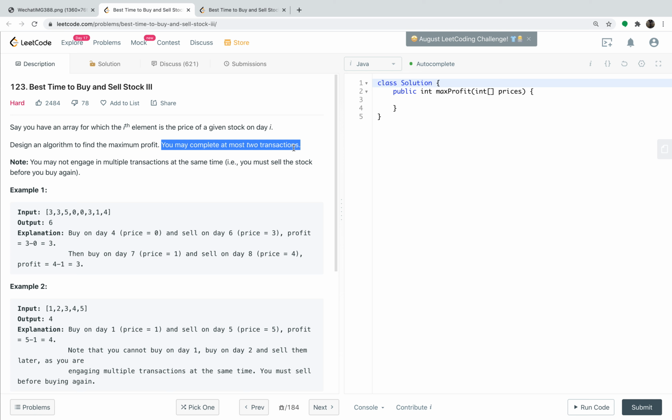So let's first see the example. In the example, 3 3 5 0 0 3 1 4. If you are given this array, how can you get the max profit?